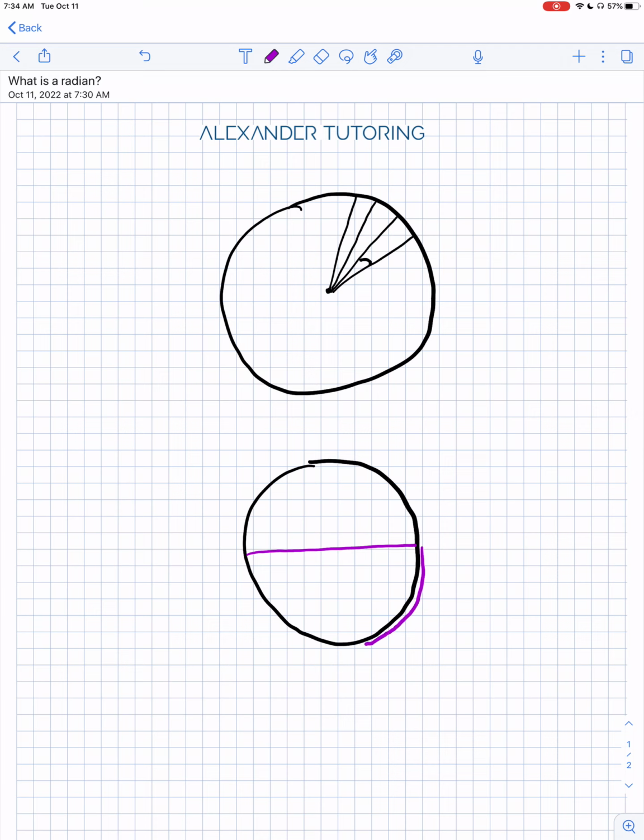Maybe the first string would go around that far, and then we take a second string, the same length as the diameter, and maybe that one goes around that far, and we take a third string, also the length of the diameter, and maybe that goes around that far. And it almost makes it around, but not quite. And that gap, that's your 0.1469 and so on. So the diameter of a circle would fit around pi times, or 3.14 times around the outside of the circle.